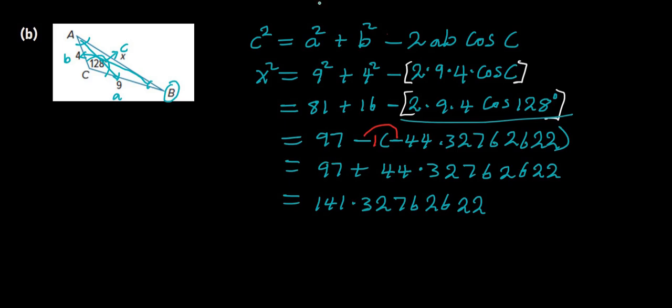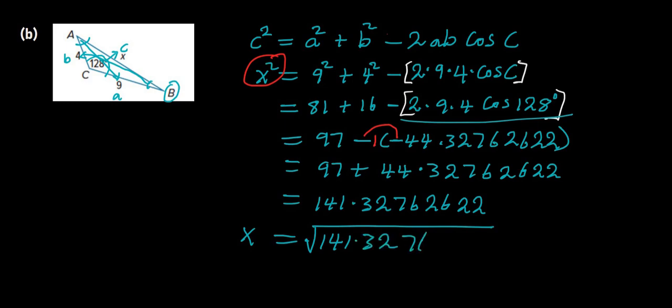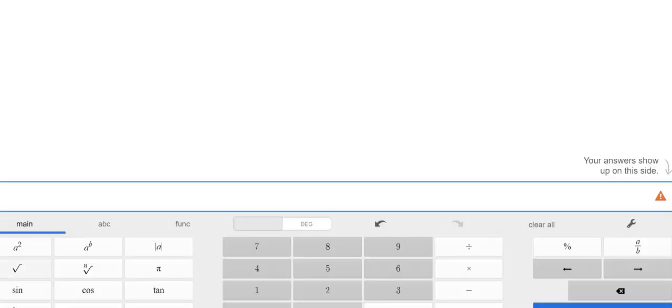At this point, we take the square root of both sides. So the square root of x squared is going to give us x. So we now have x is equal to the square root of 141.32762622.